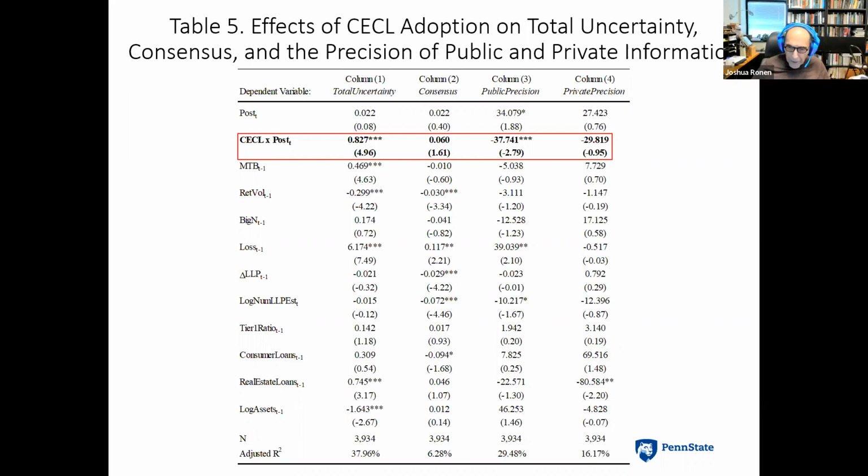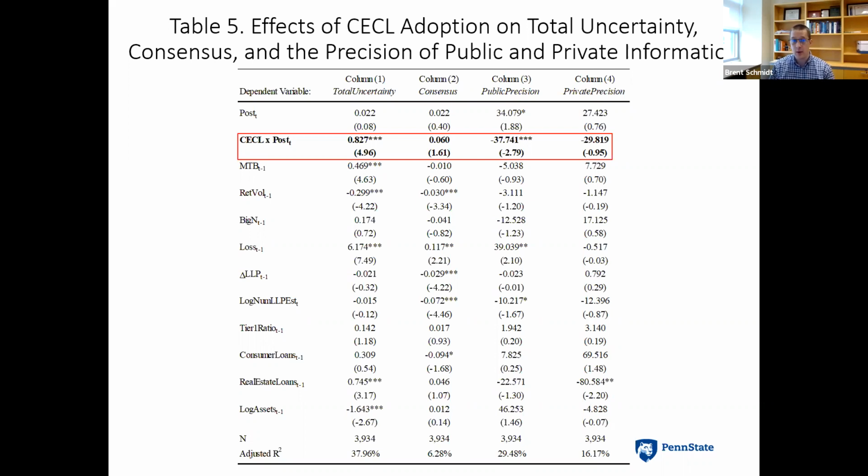Sorry, just a clarification, Brent. Are you saying that the specific CECL provision matters as opposed to the incurred loss? Right, that there is such evidence. Yeah, so at least in the Guy et al. paper, it's not necessarily the provision, but the allowance under CECL. We use the day one impact.